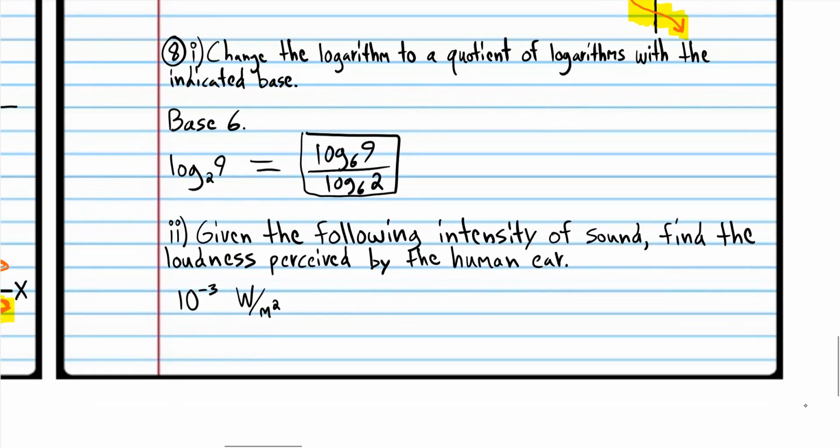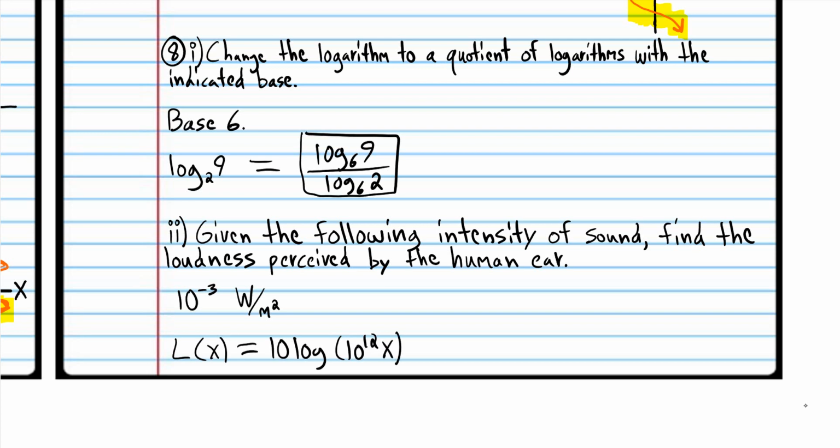Okay, so now we're trying to find the loudness given the intensity of the sound. So if you recall, the loudness is equal to 10 times log base 10 of 10 to the 12th times x. That's the formula we're going to use, and we're going to plug in our x value.